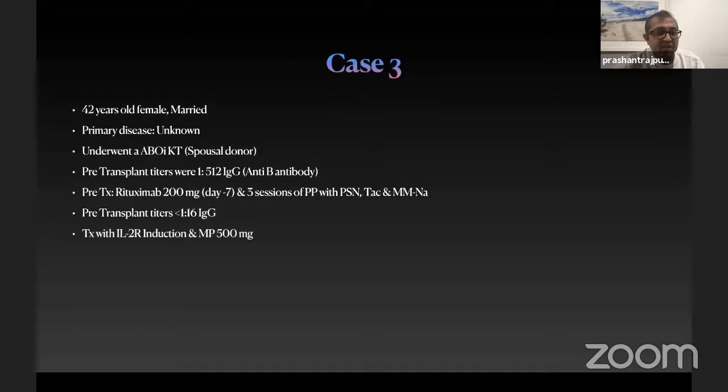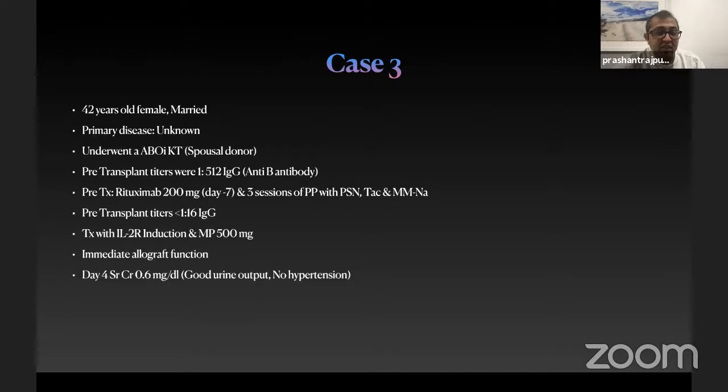The patient underwent a transplant and received steroid induction with methylprednisolone. There was immediate graft function. At day 4, the creatinine was about 0.6 milligrams per deciliter, good urine output, no hypertension, but the titers increased gradually to 1:512.